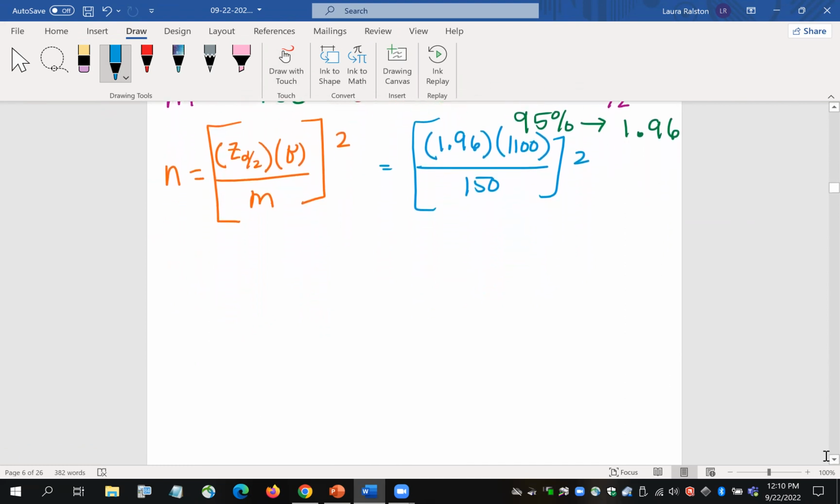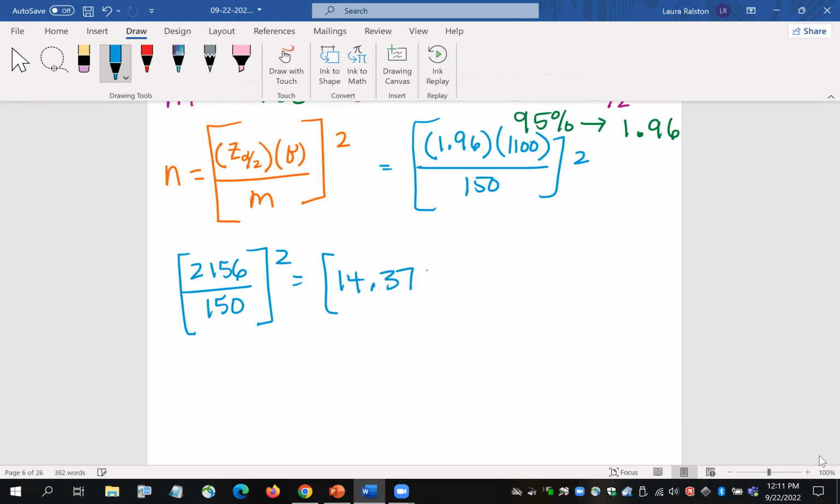So 1.96 times 1100 is 2156, divided by 150, and that's squared. So 2156 divided by 150 is 14.373 repeating.